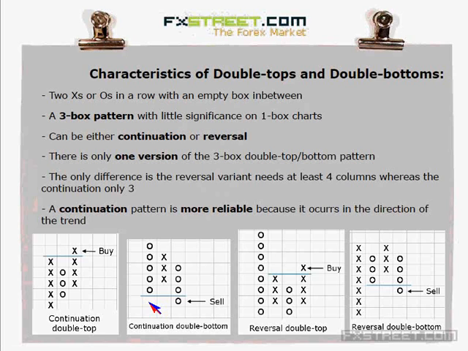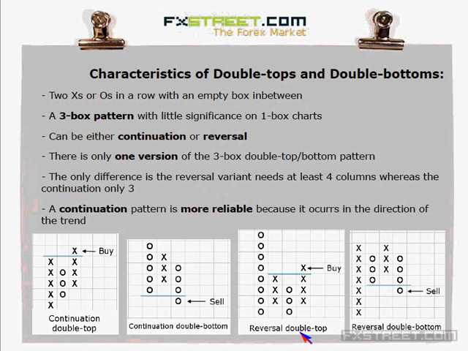But the double top can be also a reversal in case there is a strong drop in price, subsequent rise and drop forming initial resistance level, and a rise up to that resistance and breakout. In that case, it's called a double top. In that case, also a reversal double top.